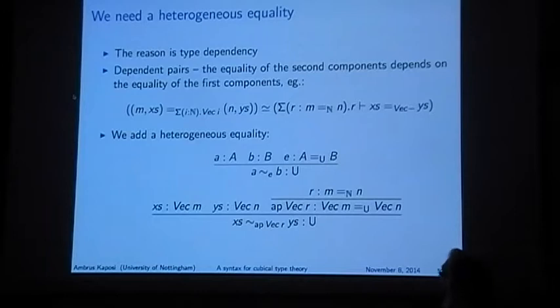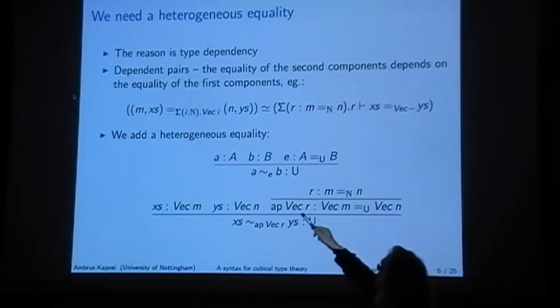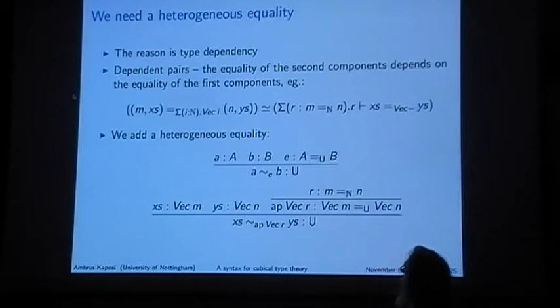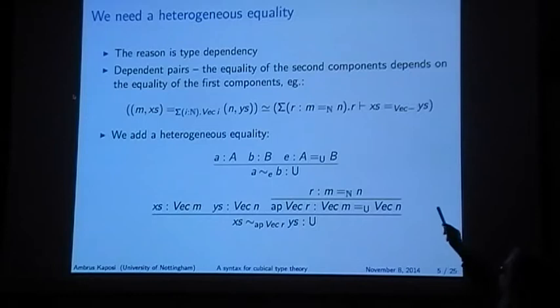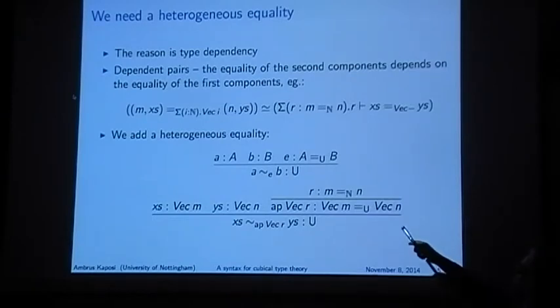If I have two pairs, and I want to say when these two pairs are equal, then the equality again is a sigma type. The first component, the natural numbers, have to be equal, and the second component has to be equal. But the problem is that the two elements of the second component don't have the same type. xs is a vector of length m, and ys is a vector of length n.